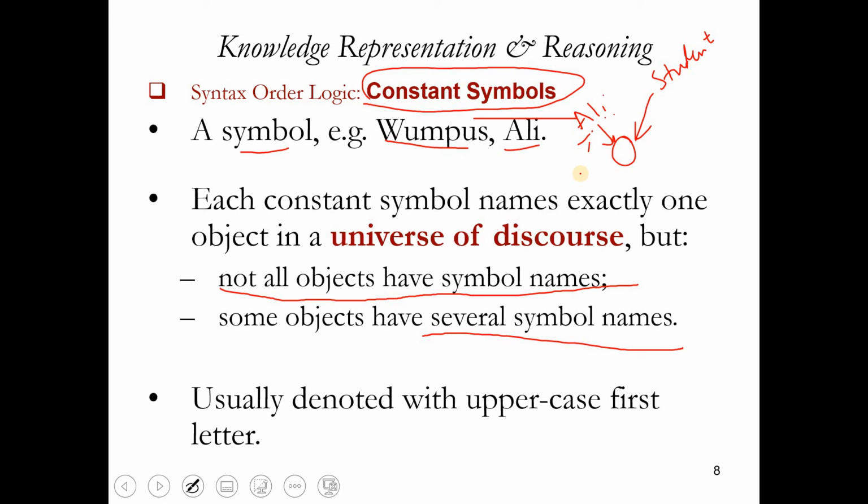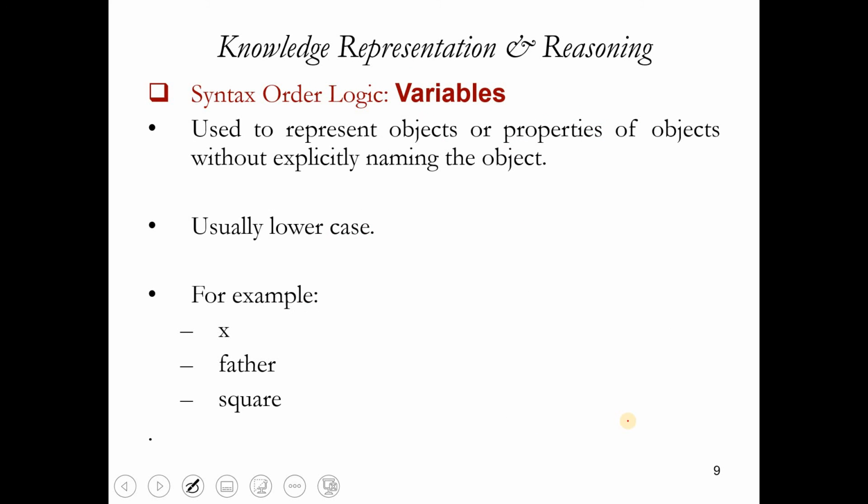Normally the rule is that the symbols that you define should be capitalized. What does it mean? It means the first letter of all the words is capital. After the symbols we saw variables. Now a variable is something that is defined by the language, the first order logic language. It is used to represent objects or properties of objects without explicitly naming the object.